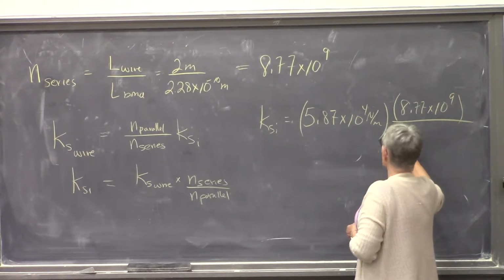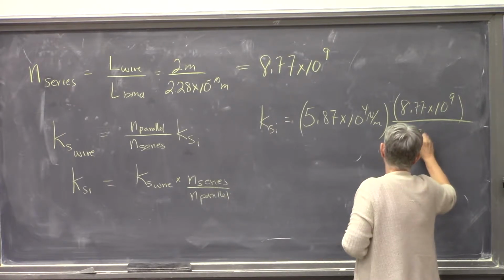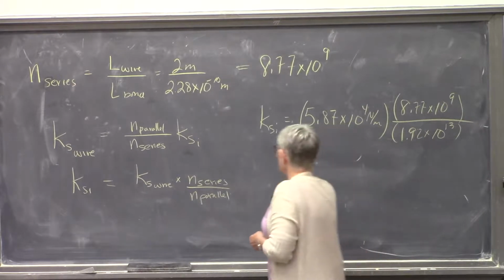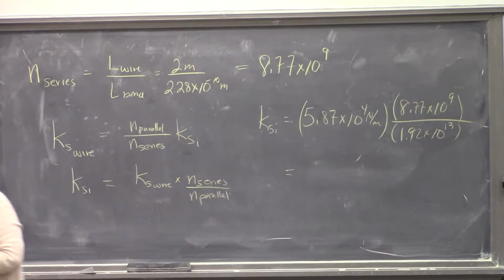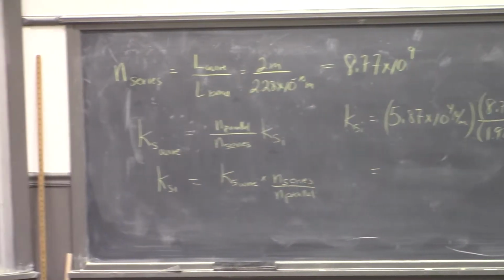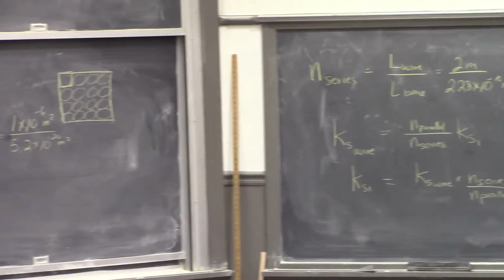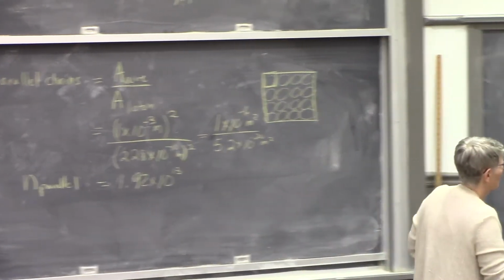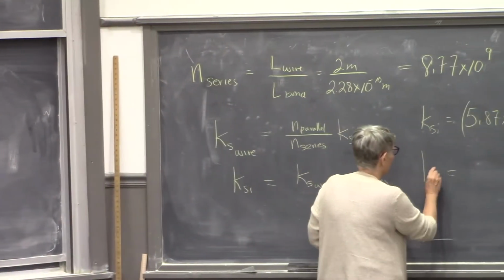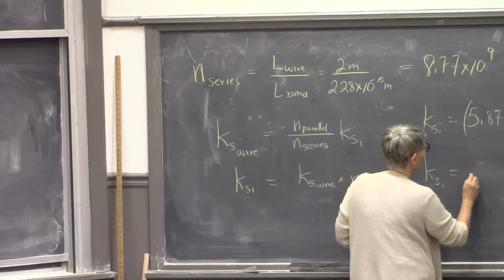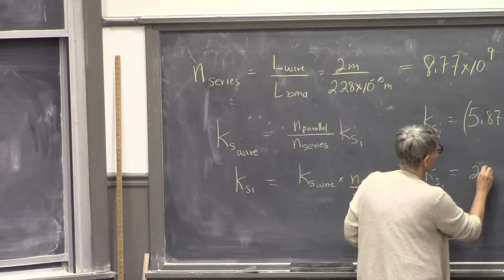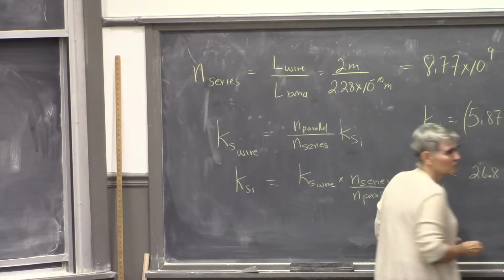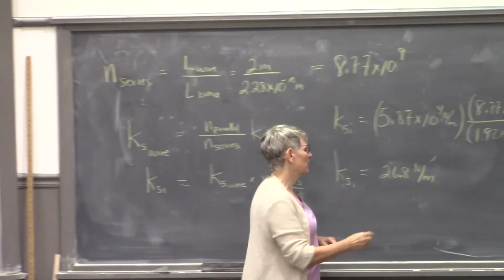We had 1.92 times 10 to the 13 springs in parallel. Lots of big numbers here. And when we work it all out, it comes out to something like 26.8 newtons per meter, a really ordinary number, so about 27 newtons per meter.